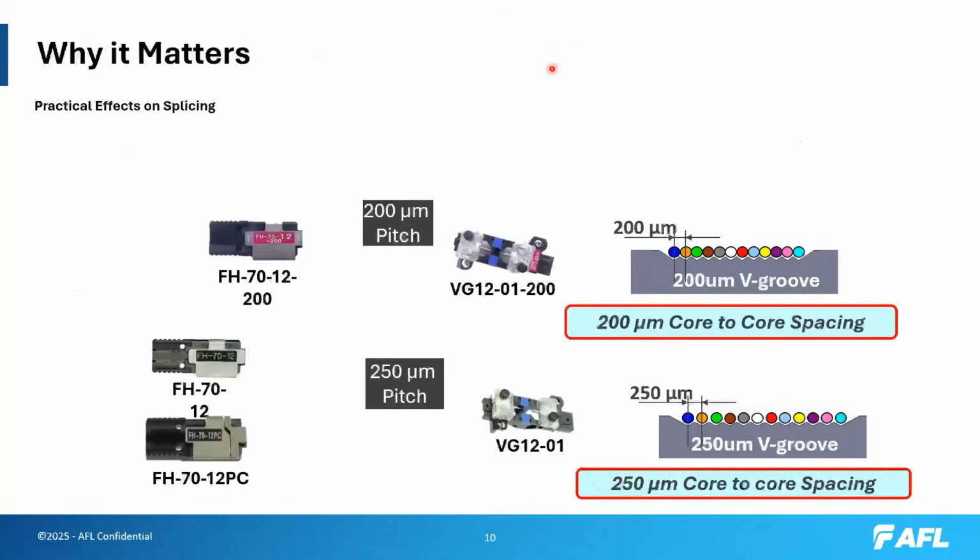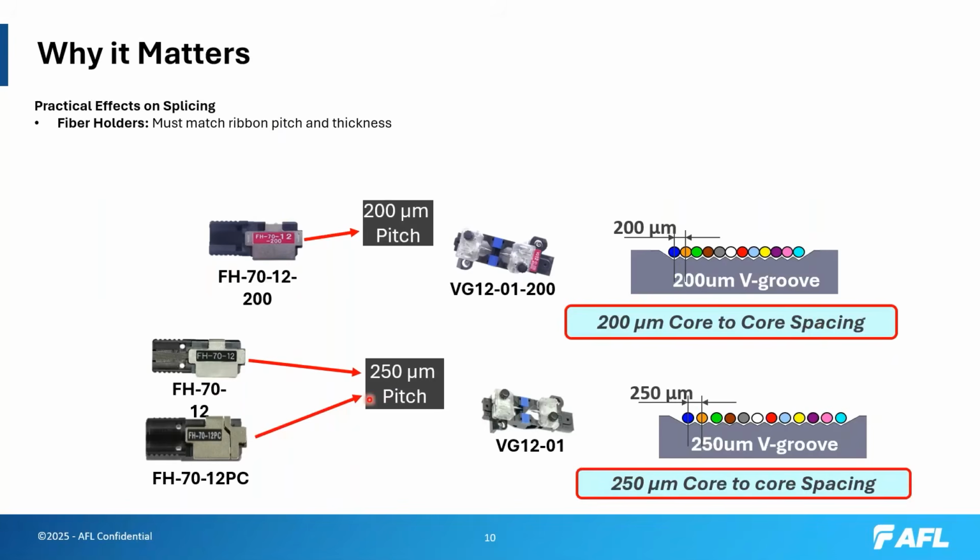Why this matters, practical effects on splicing, right? First of all, you've got your fiber holders, and the fiber holders are going to be associated with pitch. You got a 200 micron ribbon, you set in a 200 micron fiber holder, you're going to have a 200 micron pitch. The same thing goes for 250, but with 250, you have the option of doing a 250 micron pitch ribbon or a 200 micron pitch ribbon that you have pitch converted to 250.